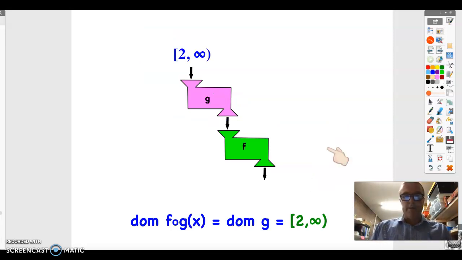And so the domain of f of g, the domain of the composite function, is going to be just the domain of g itself. So down here we can see the domain of the composite function f of g is equal to the domain of g, the maximal domain of g, which in our example is from 2 to infinity.